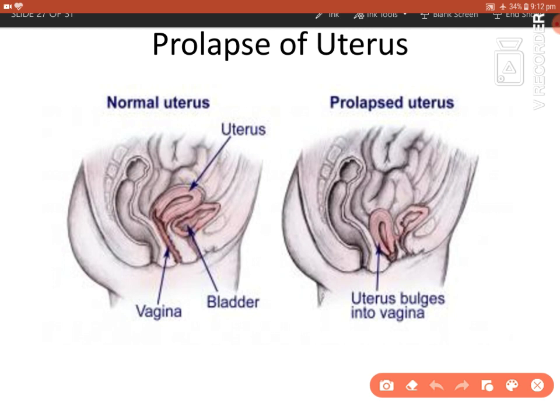Then its muscular supports are the pelvic floor muscles, mainly the pubococcygeus part of the levator, then the perineal body. So during parturition, there can be damage to the perineal body and the pubococcygeus part of the levator muscles. If it is not properly repaired, there is sagging down of the uterus towards the vagina. That condition is called prolapse of the uterus.